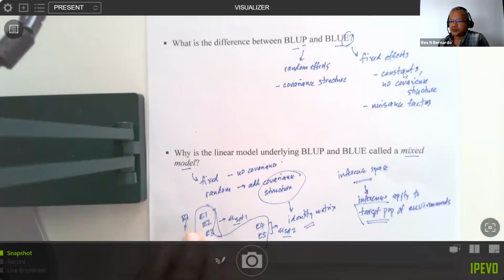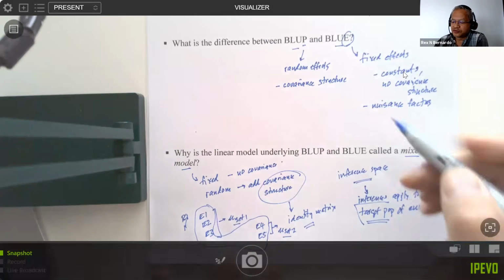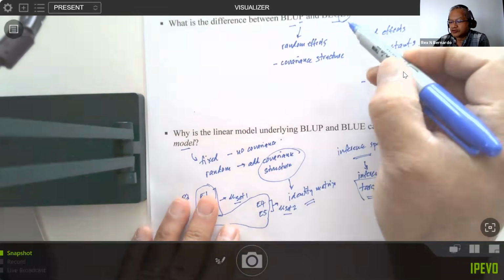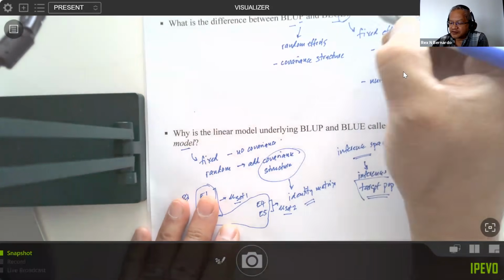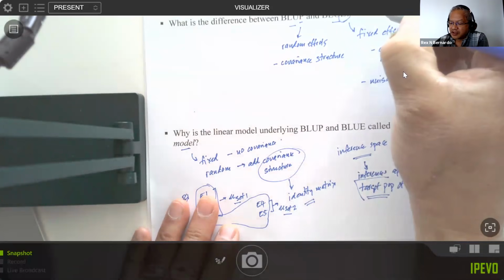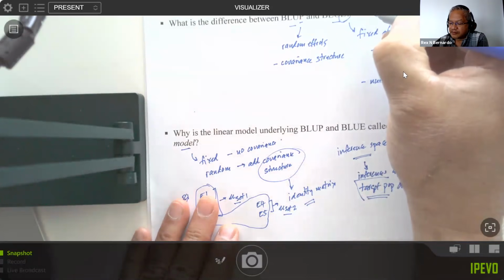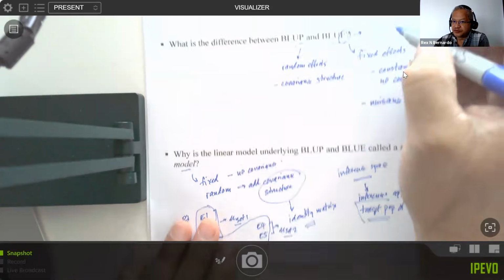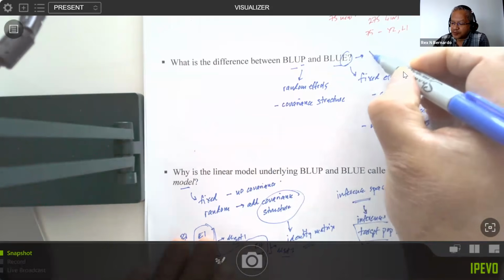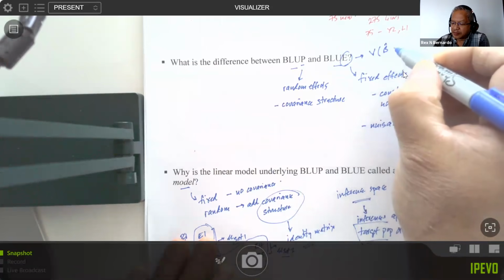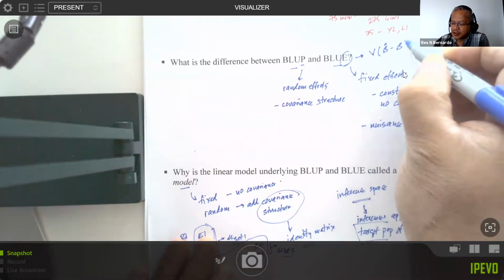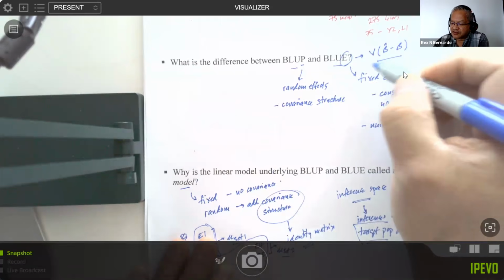You could, say, do a t-test or a z-test, because the best linear unbiased estimates would have a sampling variance associated with them, and so you could use this in statistical tests.